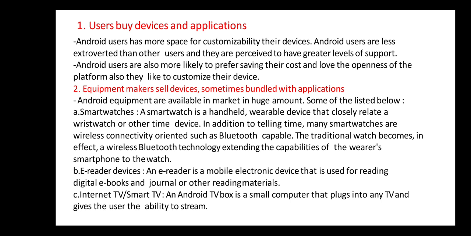The traditional watch becomes in effect a wireless Bluetooth technology, extending the capability of the wearer's smartphone to the watch. There are various users who are interested in smartwatches having wireless or Bluetooth connectivity.